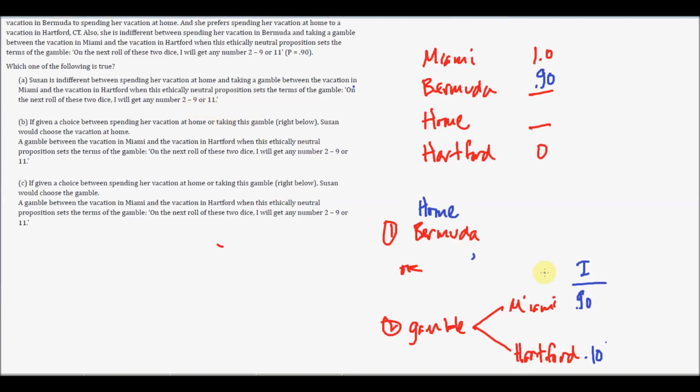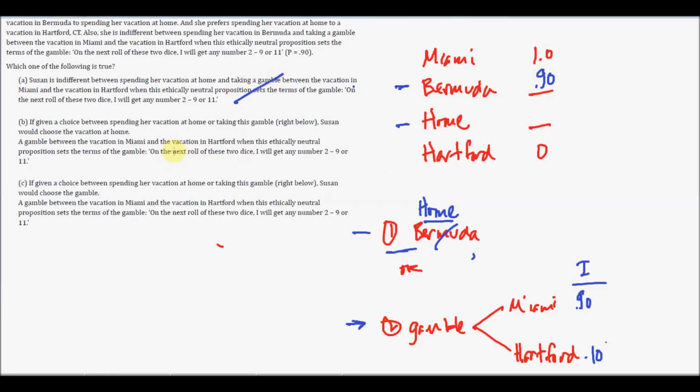Well, she wouldn't be indifferent here because we know that home is below Bermuda on her list of preferences. So when we change this to home down here, make home the thing she can get with certainty, then she's no longer going to be indifferent. In fact, we know that the gamble is going to look like the better choice because the thing with certainty has gotten less valuable. So no, she won't be indifferent.